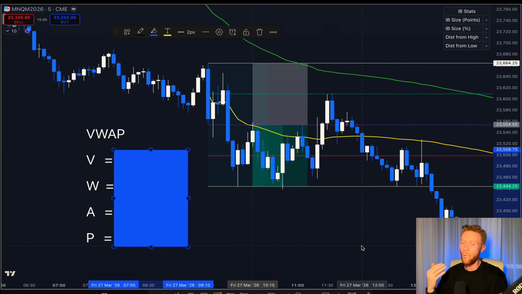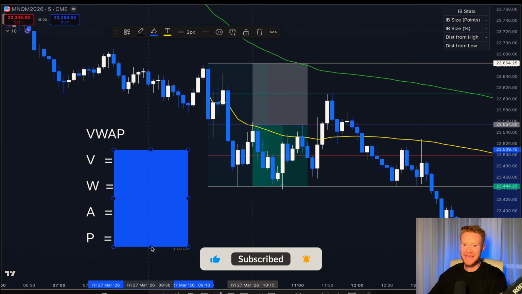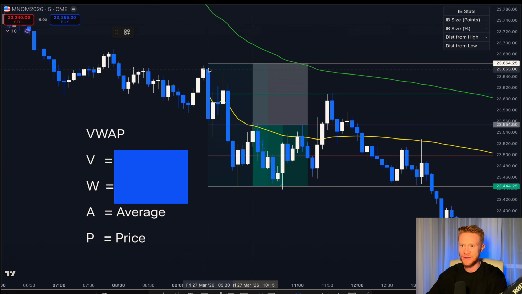So first of all, what is VWAP? Well, VWAP stands for volume weighted average price. Now, first of all, let's look at the AP part, the average price. Let's have a look at this last trade that I took on Friday. If we look at the high of the initial balance here, that price is 23,663.